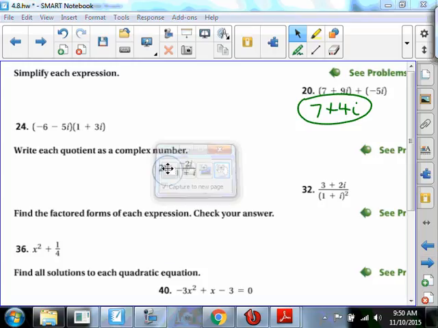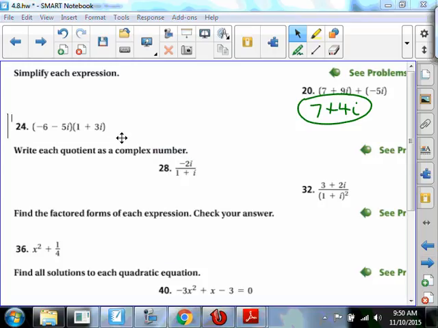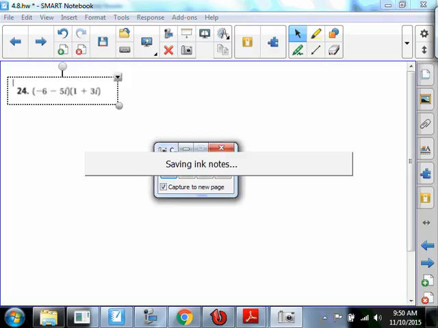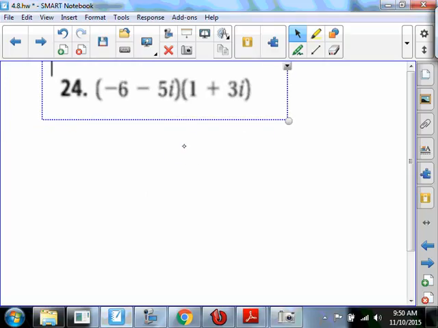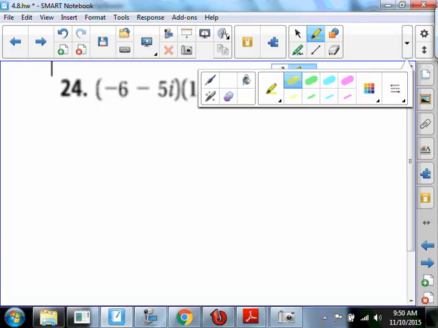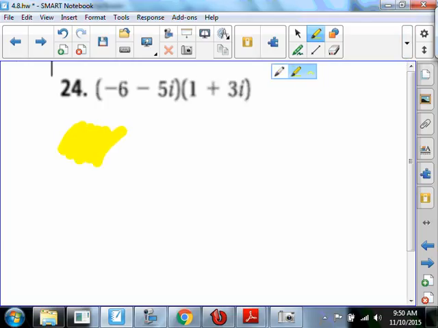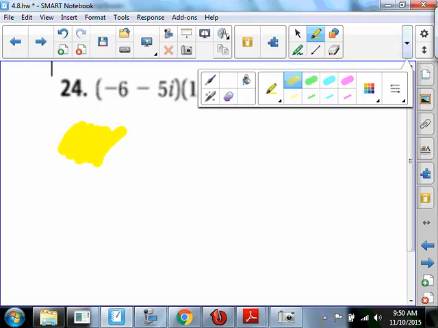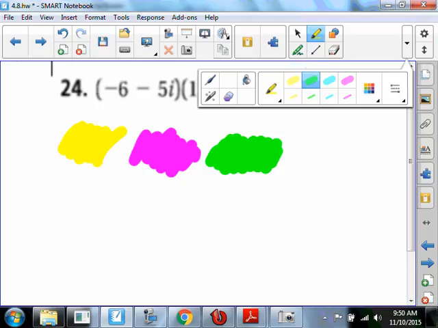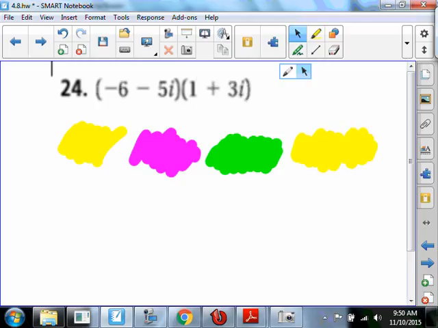Number 24, I'm going to go ahead and put that on a fresh page. When you FOIL these things out, keep in mind what's going to happen is you're going to have some real stuff out front, and then you're going to have some imaginary things going on in the middle, and then on the end, you're going to have what seems to be imaginary but is actually going to become real.